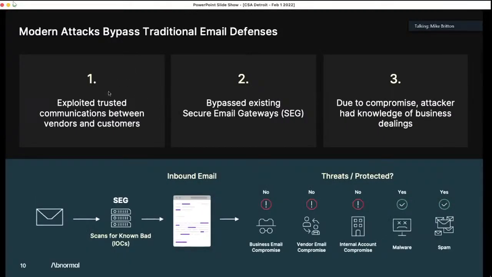So, just another visual representation of why these social engineering attacks, these vendor email compromise attacks, bypass traditional email defenses. One, there's that trust, and two, the common traditional defenses of a secure email gateway are looking for known bad.